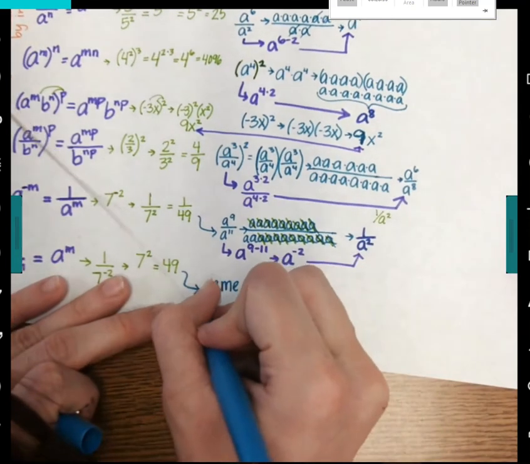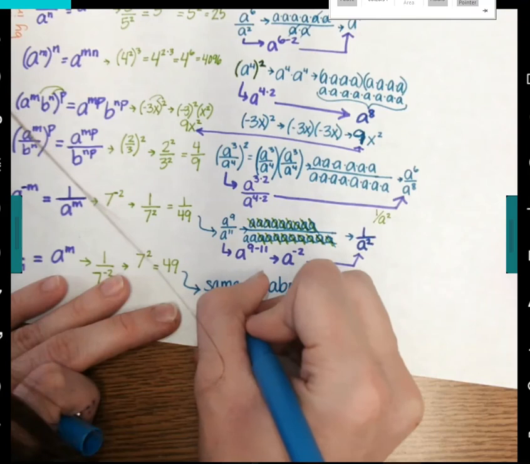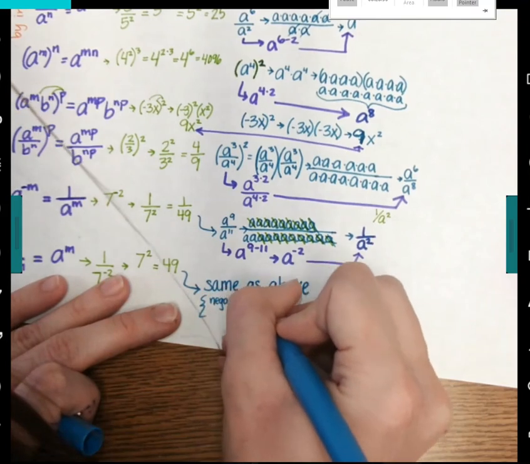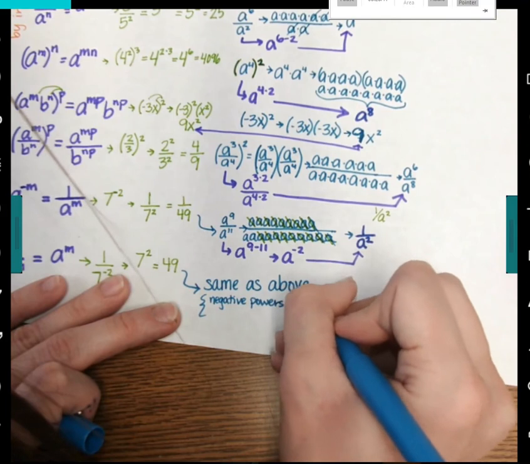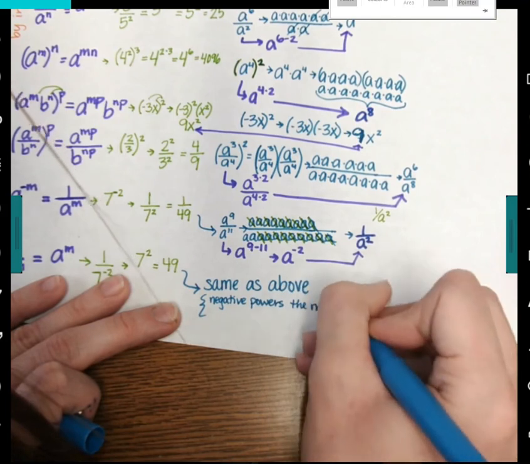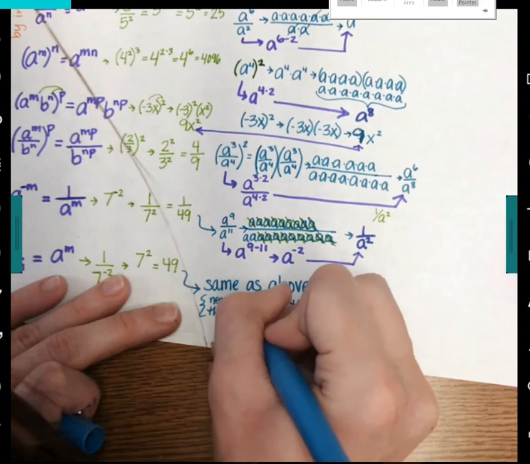And just note, negative powers, the negative is the ticket to cross the fraction bar.